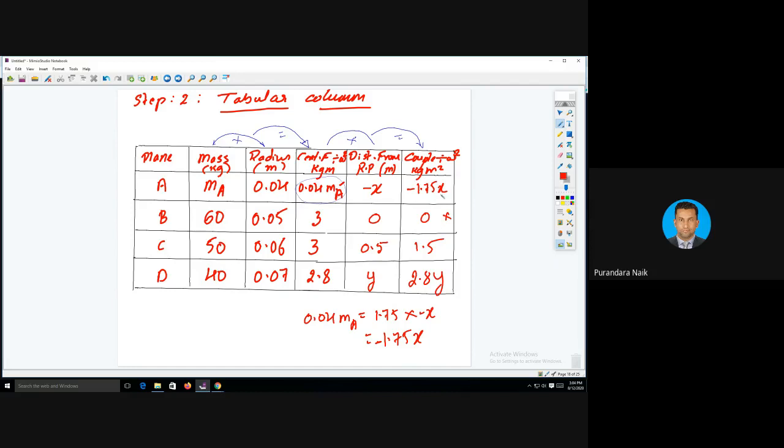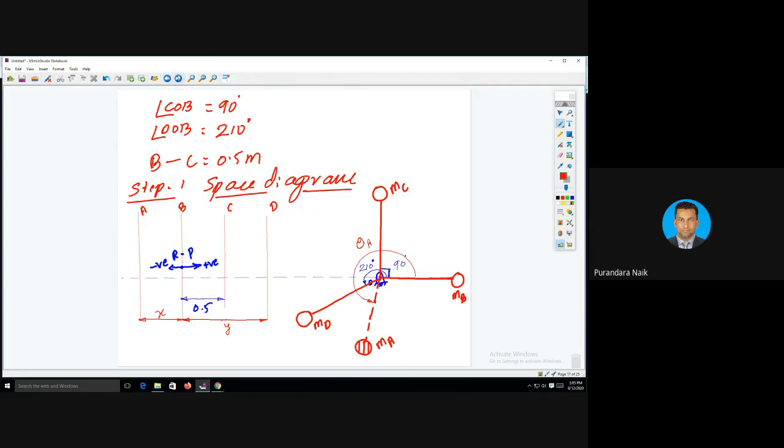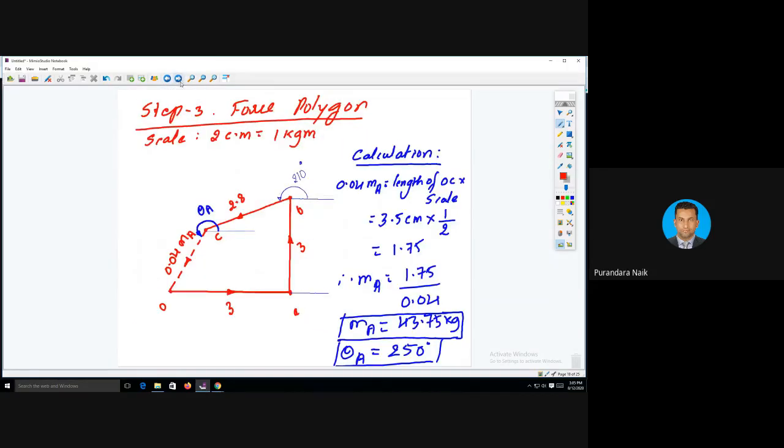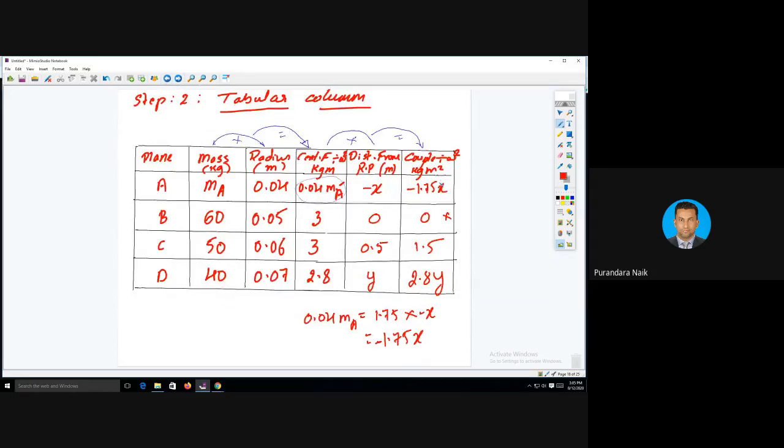You forgot about this. But this one is mass A. Angle is known. Theta A is known. What is theta A? If you see the first polygon, 250. Angle is known, but length is unknown. This will be a triangle because we have three sides: 1, 2, 3. This is 0. Leave it. It is a triangle. In the triangle, the angle of this mass is known, but the magnitude is unknown because there is an x.